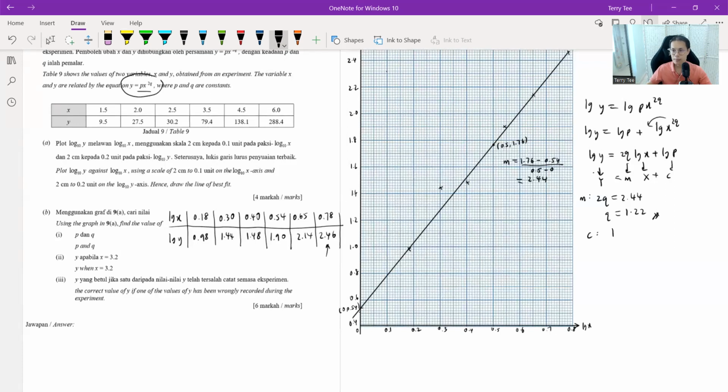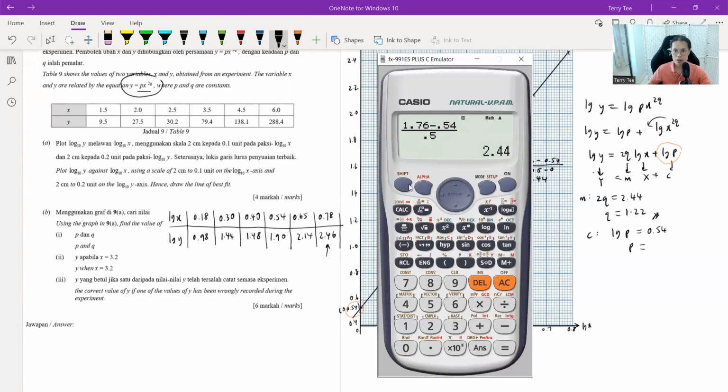For your y-intercept, I have LGP, which I get from my graph. My y-intercept is 0.54, so we say LGP equals 0.54. My P will be, use your calculator, shift log 0.54. Basically, we call it anti-log, 10 power 0.54. I got 3.467.